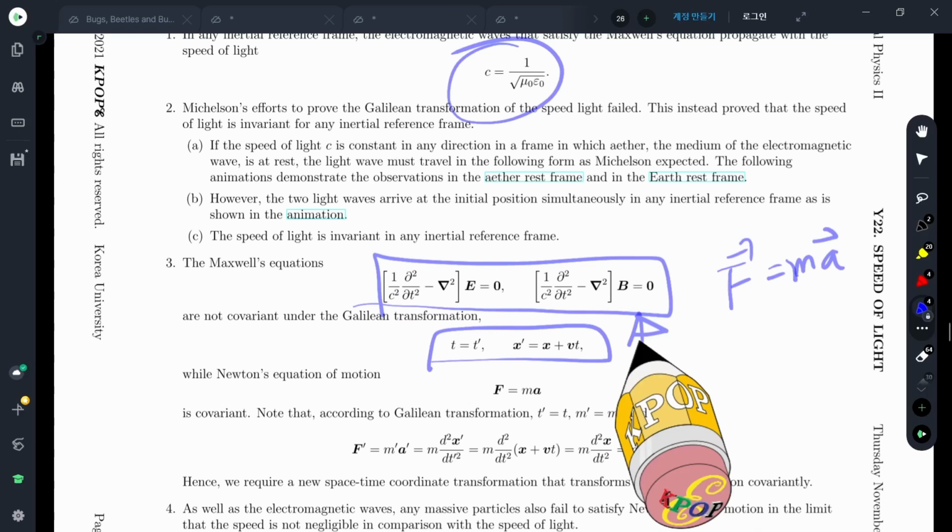We are looking for the transformation rule that satisfies the invariance of Maxwell's equations, and in the limit where velocity becomes tiny, it reproduces the Galilean transformation. That is called the Lorentz transformation.